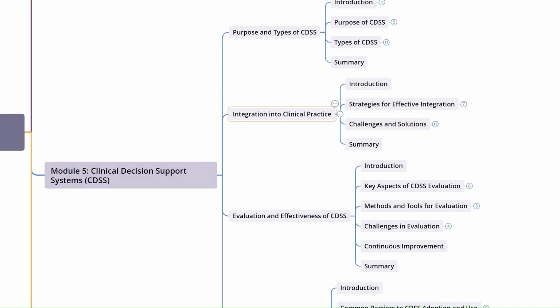When integrated successfully, CDSS becomes a natural extension of clinicians' decision-making processes, providing support exactly when needed, whether during prescribing, diagnosis, or care planning, without adding complexity or disrupting workflows. Achieving this smooth integration demands engagement from clinicians, thoughtful system design, and ongoing adaptation based on users' feedback.